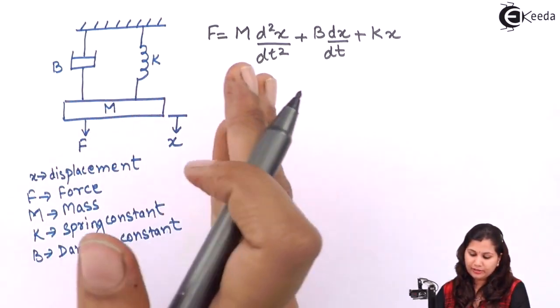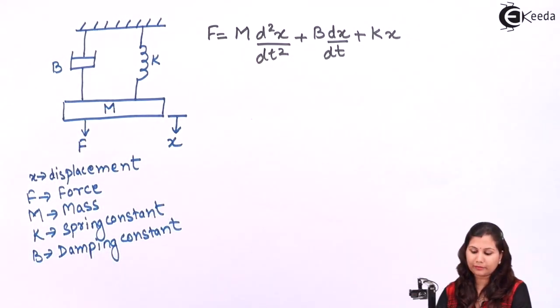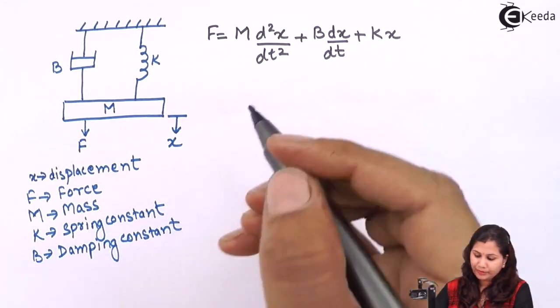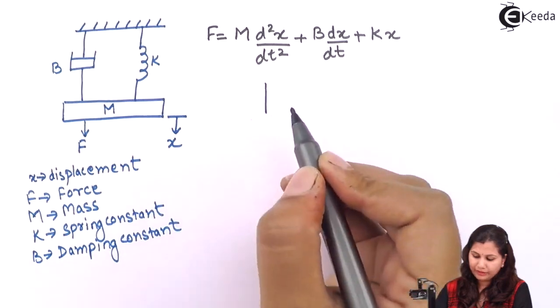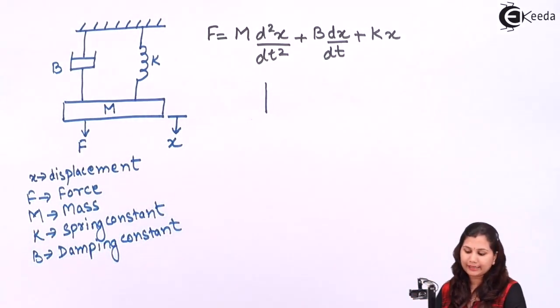Now if we express this mechanical translational system in terms of an electrical system, how can we do it? Let us consider an electrical system having the series combination of resistor, inductor and capacitor.